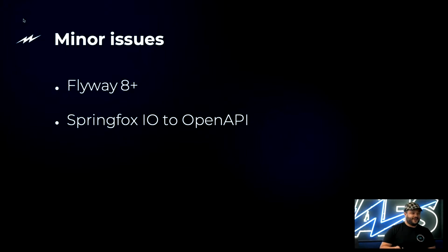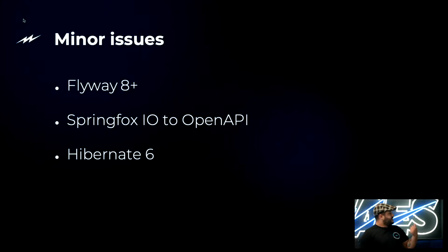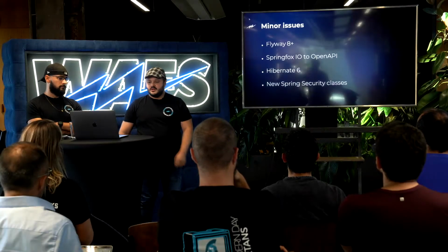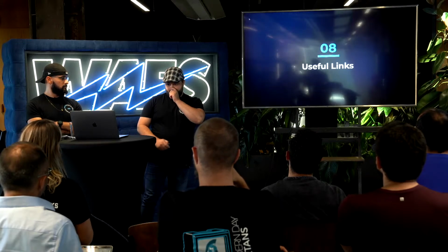Not so much for Spring I/O and OpenAPI, where I had to change a bit, I'd say, annotations. Hibernate 6 also needed just a few configurations, and it's closely related to the Postgres thing that I just mentioned. And new Spring Security classes: the tool, OpenRewrite, really helped with that, so we didn't have to change everything by ourselves. So that was really great.